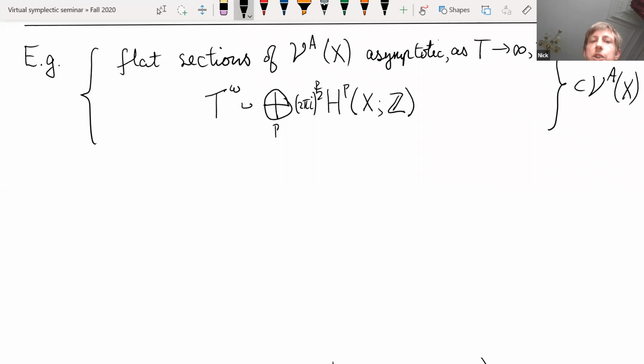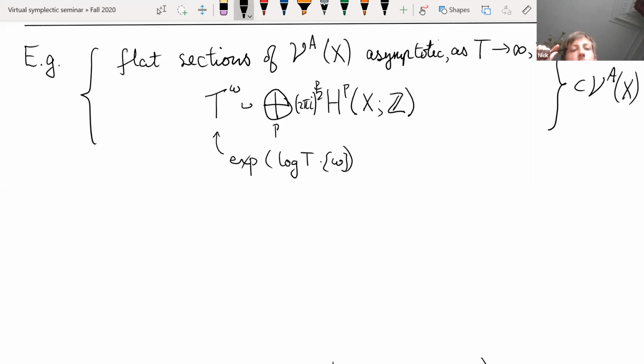So instead of just saying these integral cohomology classes, which don't define flat sections, we can say flat sections with a certain asymptotic behavior as t goes to infinity. So this t to the omega is by definition the exponential of log t times the cohomology class defined by omega.